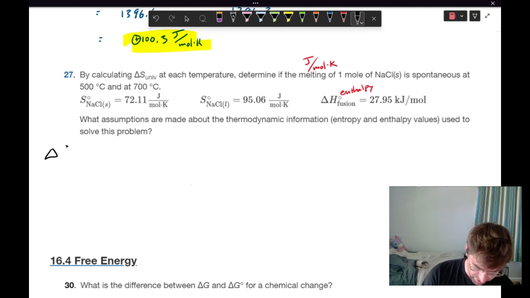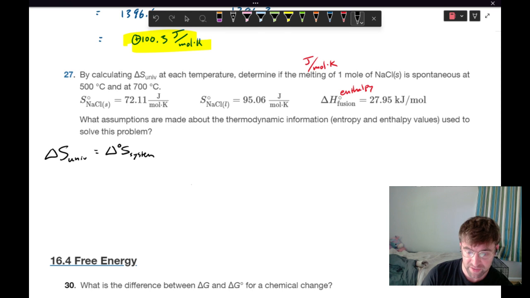And so the equation that we're going to use here is the change in entropy of the universe equals the change in entropy of the system of interest plus Q, which is a measure of heat, and this is going to relate to our enthalpy, divided by the temperature in Kelvin. And generally, when we're looking at Q and the heat, we're looking at the change in surroundings. We just need to be careful with our signs here.